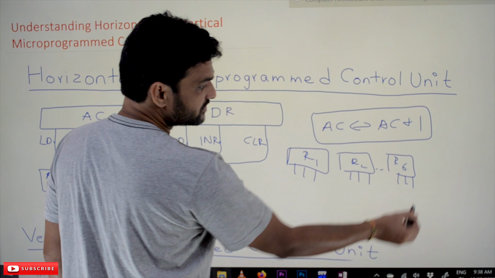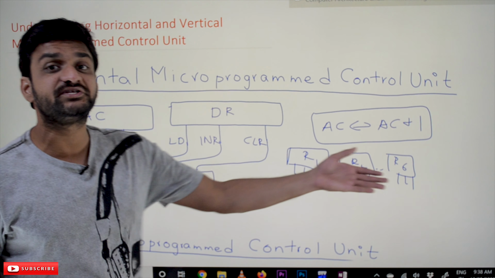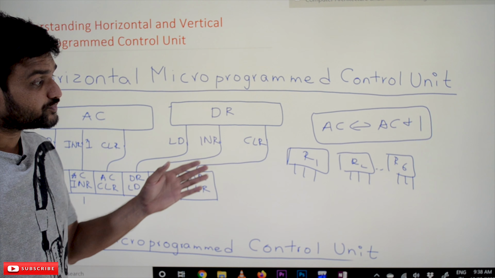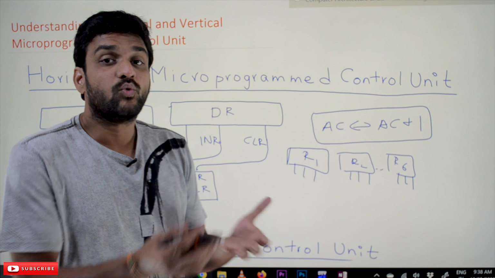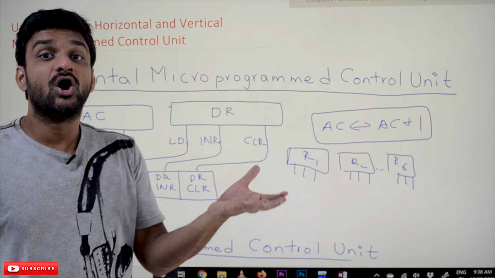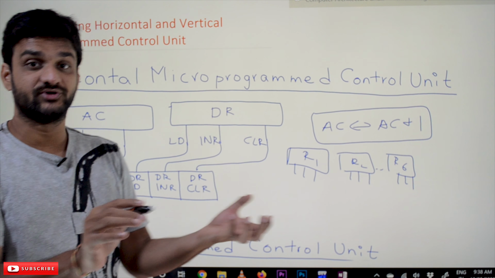These 3 kinds of operations are provided with every register. In order to provide the control signals to these registers also, what is the size of the control word that has to be there in our microprogrammed control unit?